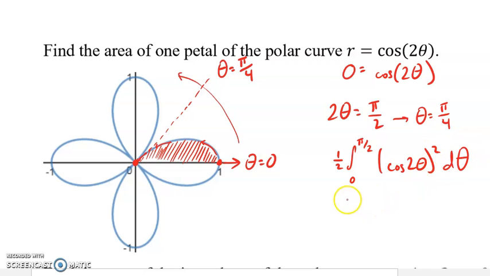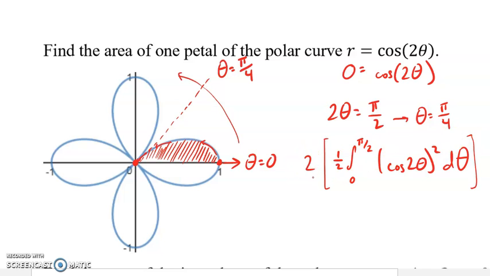Now be careful here. This 1/2 doesn't exist because I'm finding half the petal. This 1/2 exists because that's part of the area formula for polar curves: half r squared times d theta. So that's half of my answer, and I want to make sure I double this.